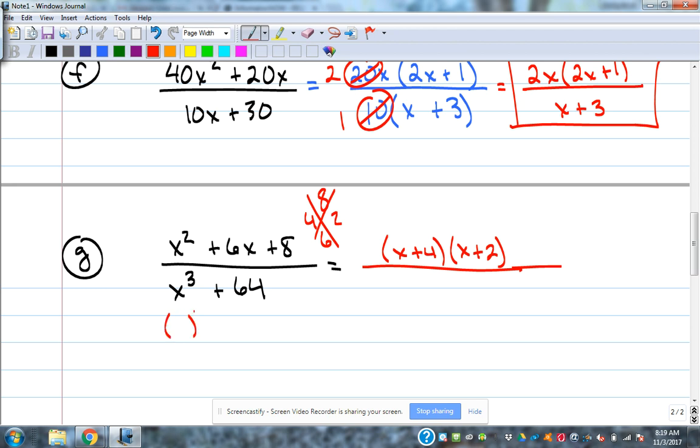It's a sum of cubes. Anybody else want to break? So if it's a sum of cubes, what cubed gives me x cubed? What cube gives me 64? 4. Yeah, good, Tucker. Okay?